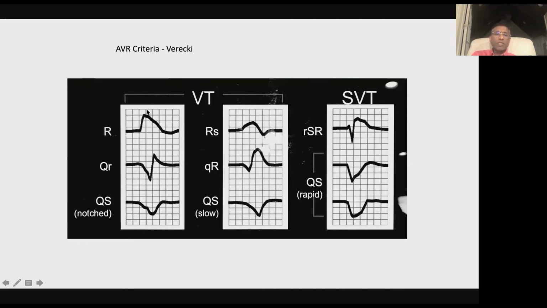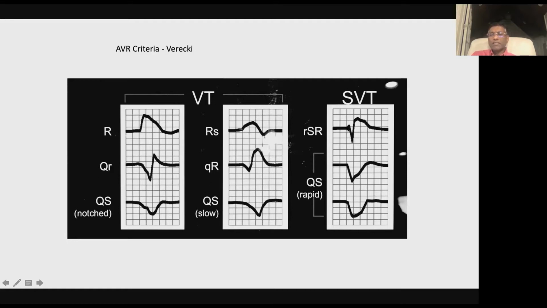If you get a fat monophasic R wave, or you get a slow downslope in the QS, these are the two commonest. These are going to be VTs. And all of the others will follow this pattern or this pattern. Slow downstroke, QR, big monophasic R wave, all of these will be VT. So imprint in your mind what an SVT is, and everything else is going to be VT.